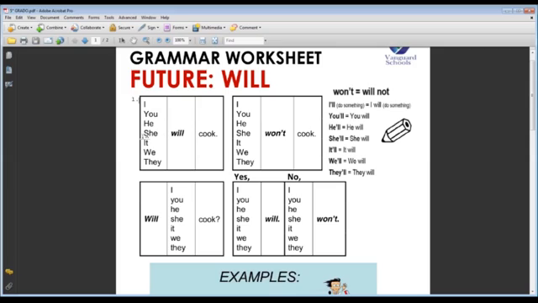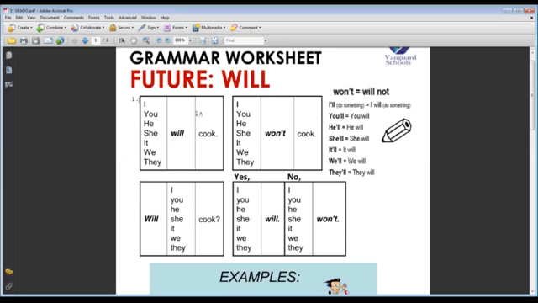Si yo utilizo el pronombre she y realizo esta oración, she will cook, significa ella cocinará. Y así sucesivamente puedo utilizar los pronombres y crear una oración usando will, ¿ok? Y usar el verbo que yo crea conveniente, siempre y cuando la oración tenga sentido y coherencia, ¿ok?